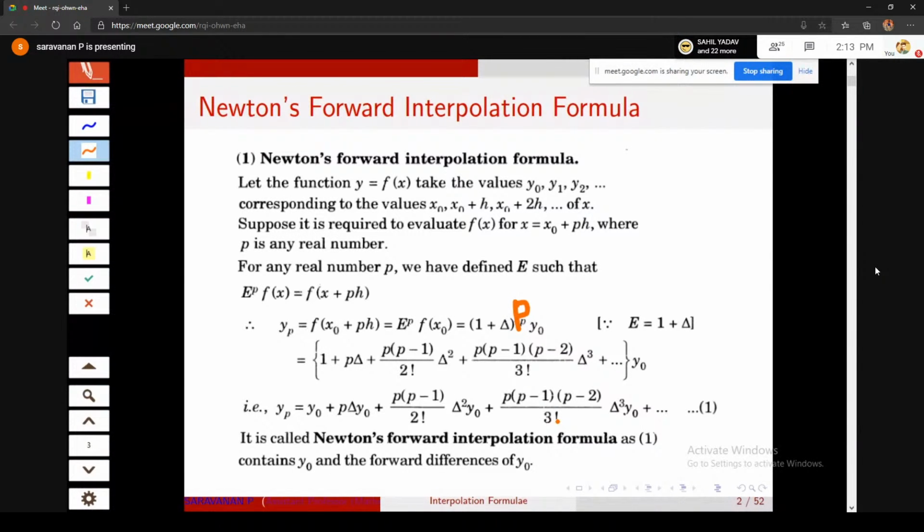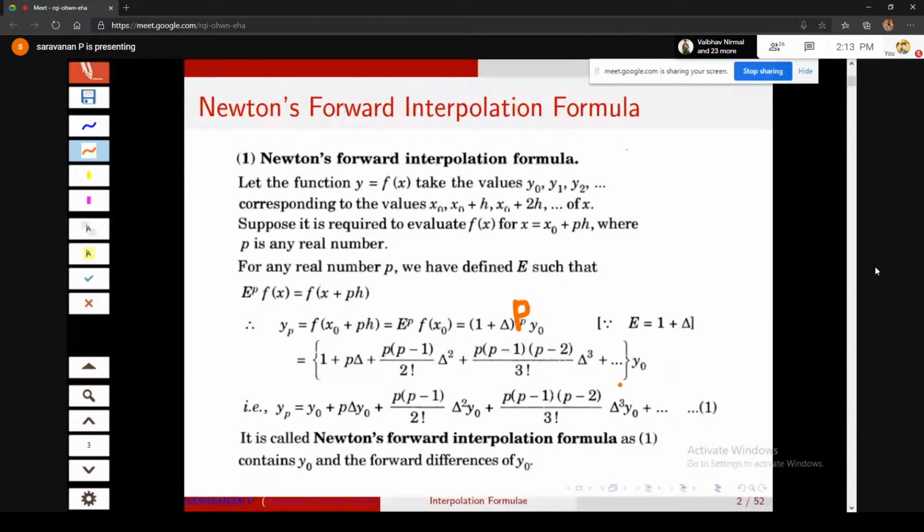Now, expand this using binomial theorem. So, you will get 1 power P, that is 1. Then PC1 into delta, that is P delta. Then PC2, that is P into P minus 1 by 2 factorial delta square. Then P minus 1, P minus 2 by 3 factorial delta cube, etc. Okay.